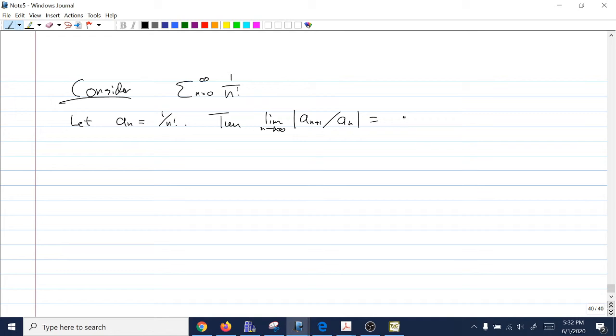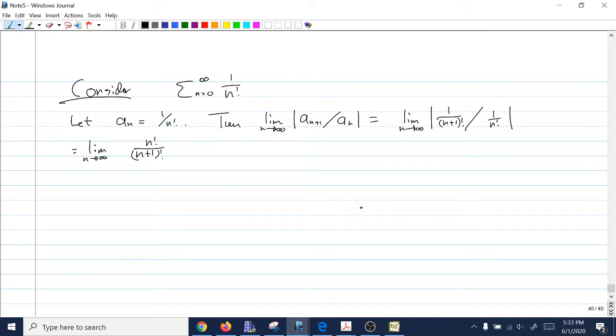This limit is the limit as n goes to infinity of absolute value 1 over n plus 1 factorial divided by 1 over n factorial, which is the limit as n goes to infinity of n factorial over n plus 1 factorial. What does n factorial mean?